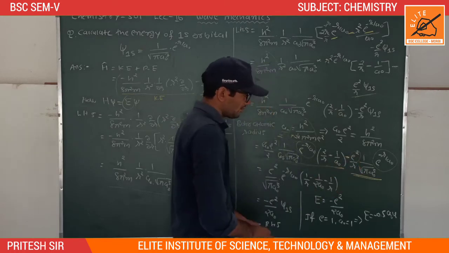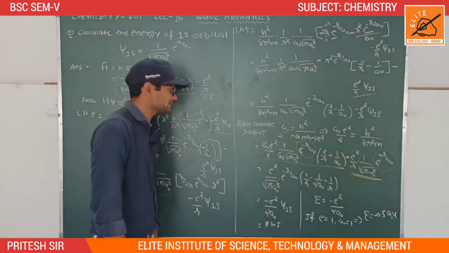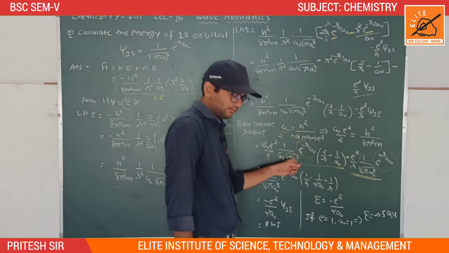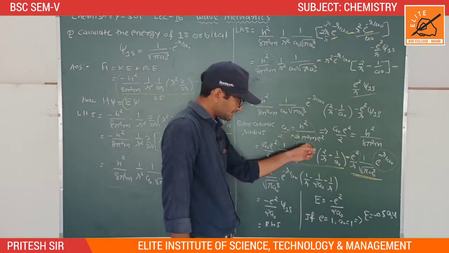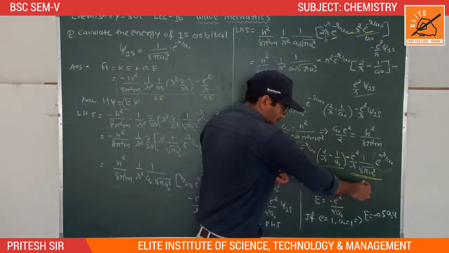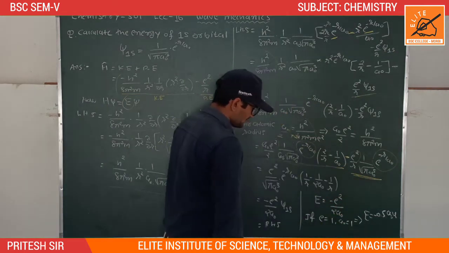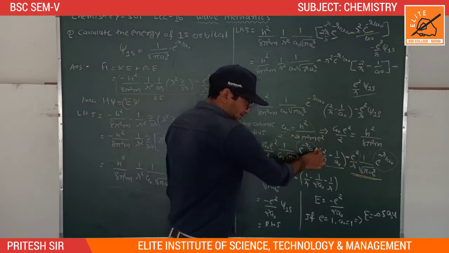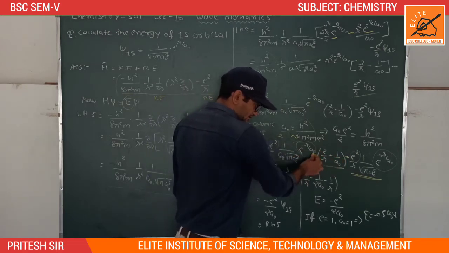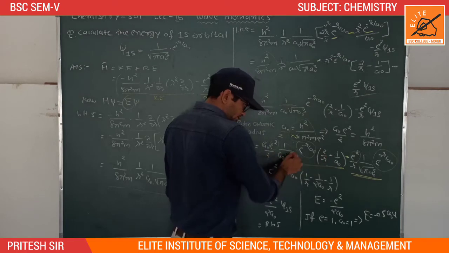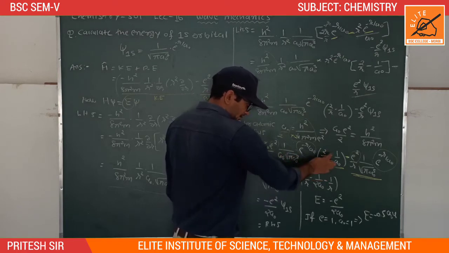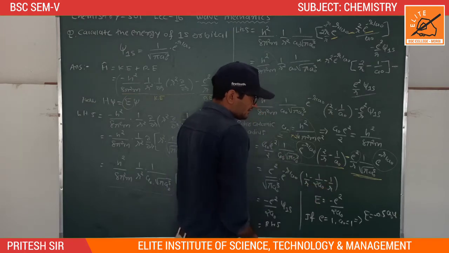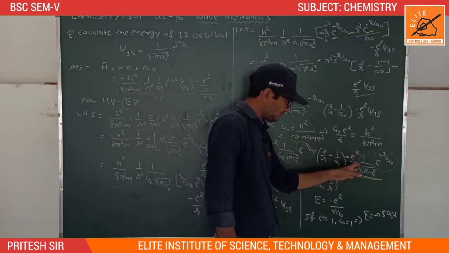So we commonly took out three different terms from these two terms: first e square, second under root pi a0 cube, and last e to the power minus r upon a0. The remaining terms: a0 cancels, 1/2 multiplied with this equation, 2 cancels, 1 upon r minus 1 upon 2a0, and the remaining term is only 1 upon r.